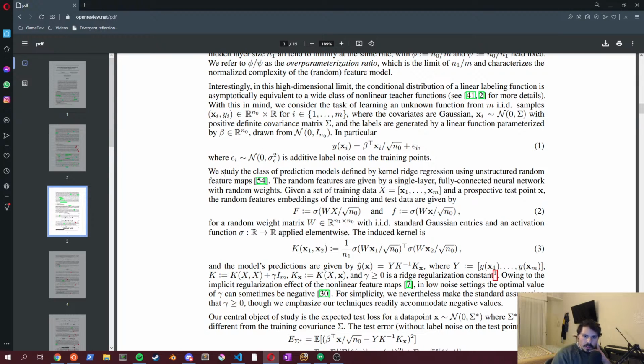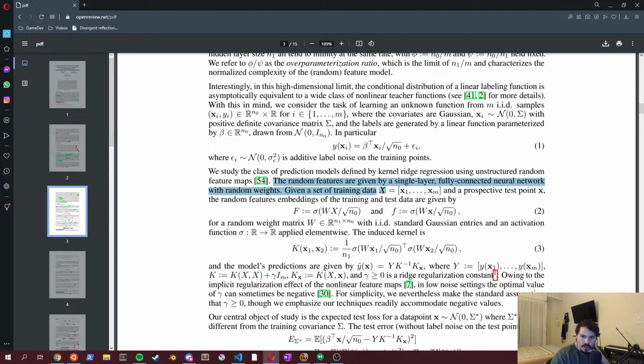So we study the class of prediction models defined by kernel ridge regression using unstructured random feature maps. The random features are given by a single layer fully connected neural net with random weights.